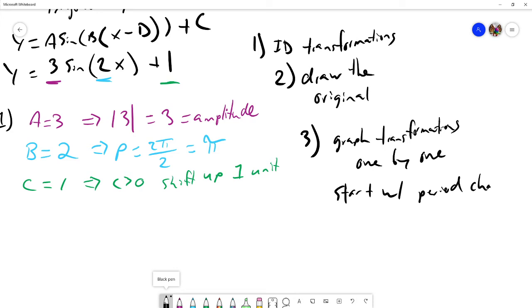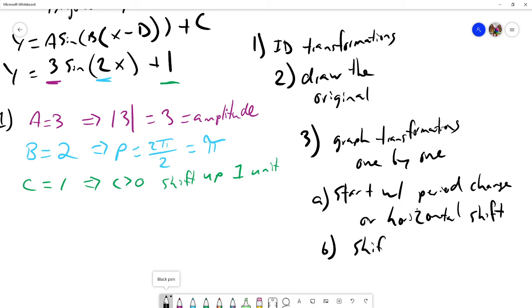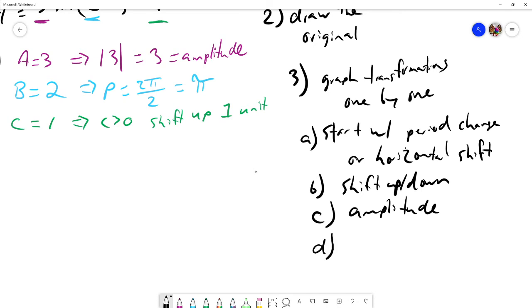So we call this A, B. I would say do the shift up or down. Up, down. C would be the amplitude changes. And then the easiest one after amplitude is going to be the reflection across the x-axis.